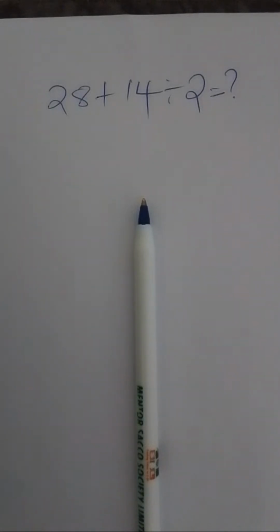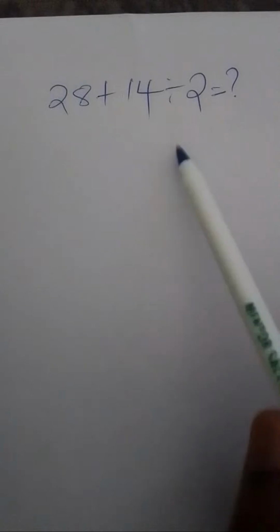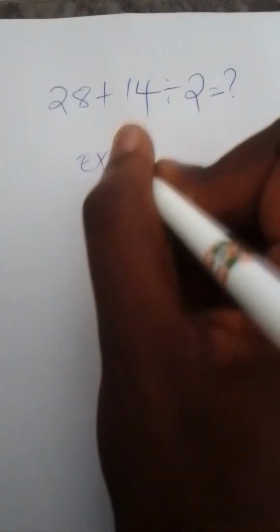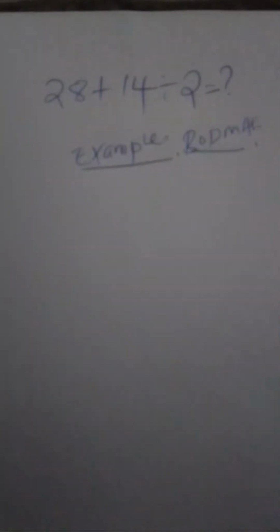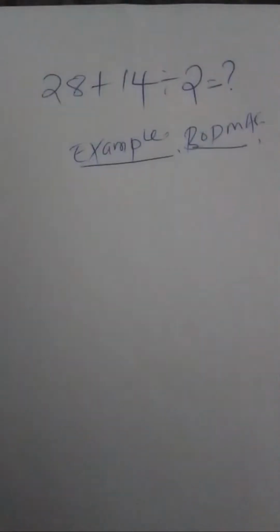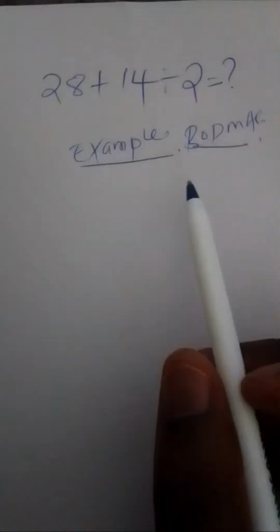28 plus 14 divided by 2. So how do we go about this? Let me use this one as an example. In this example, we're going to use what is called the BODMAS rule. We are going to check which one we are going to begin with.